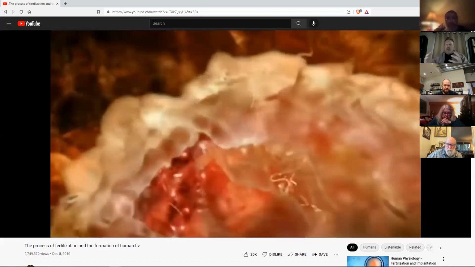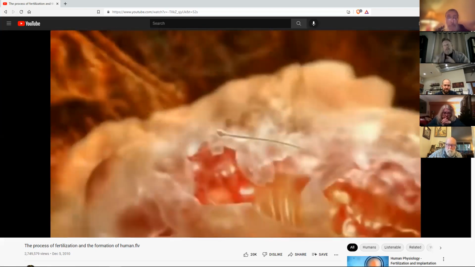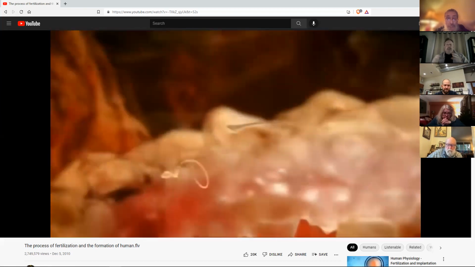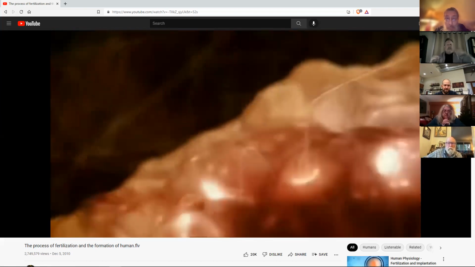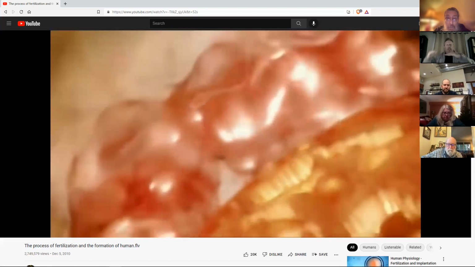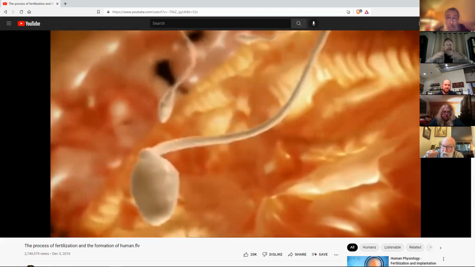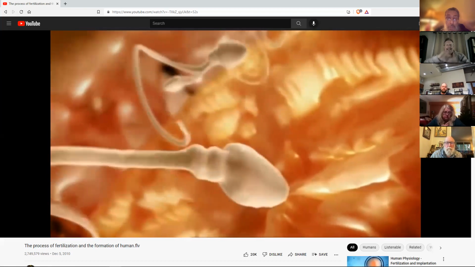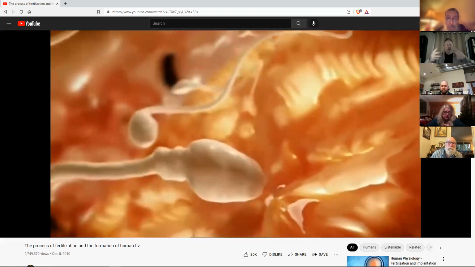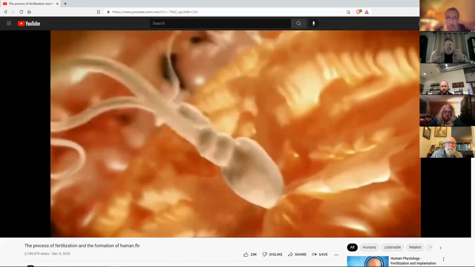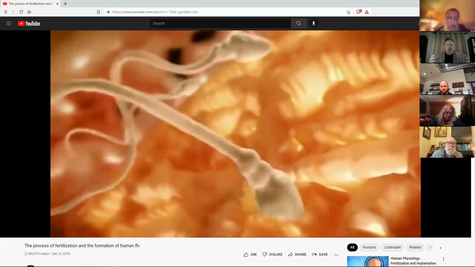As the cells grow, you have to realize that it is not a linear process. It's not expansion, then contraction, then expansion. These are going on at the same time. As the cells are multiplying, we also have the condensing of the cells within to become more solid.